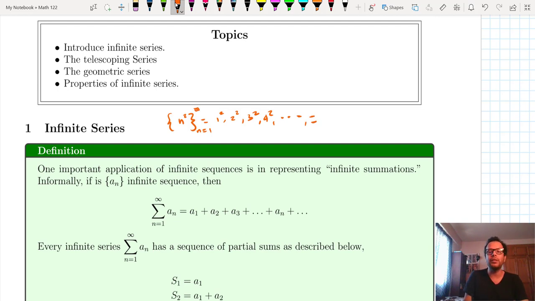That is, 1 squared is 1, 2 squared is 4, 3 squared is 9, and 4 squared is 16, and so on and so forth.